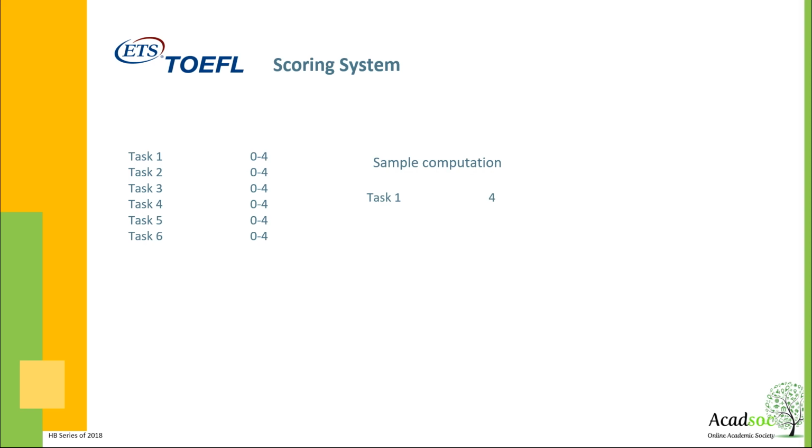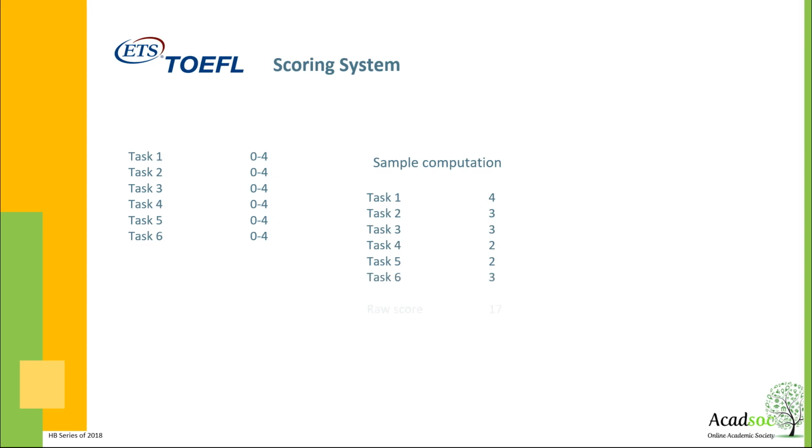He was able to give enough reasons and examples to support the answer. Aside from that, the student was able to use a wide range of vocabulary and grammar structures, and the pronunciation was great. So we can give a score of 4. Task 2, let's say 3, 3, 2, 2, and 3.